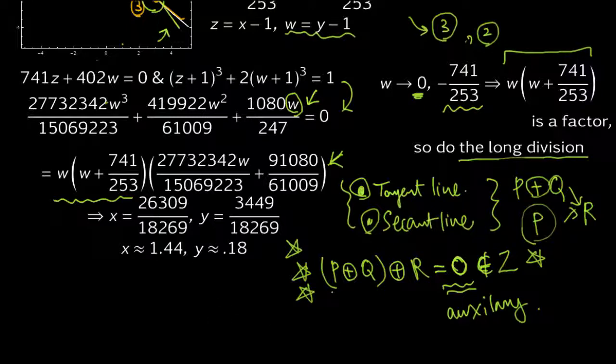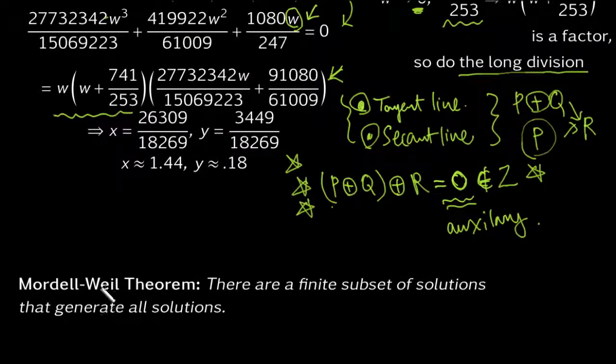Let me end this part of the video, or this entire series of videos, by introducing this theorem called the Mordell theorem, or the generalized version called the Mordell-Weil theorem, for higher degree curves.